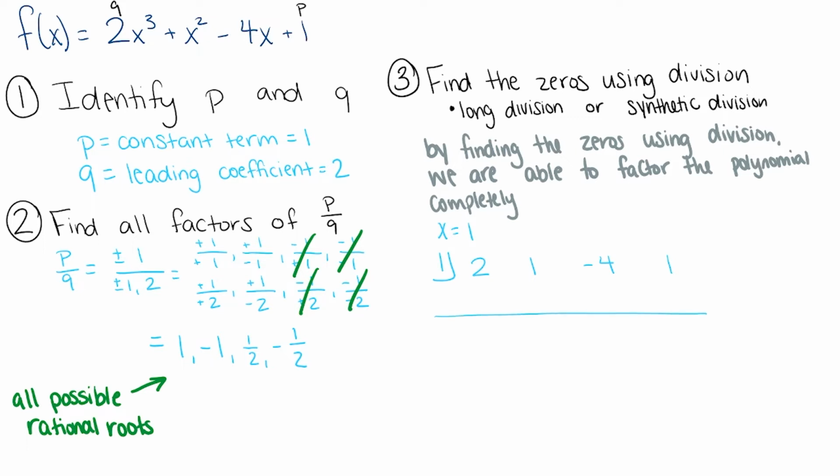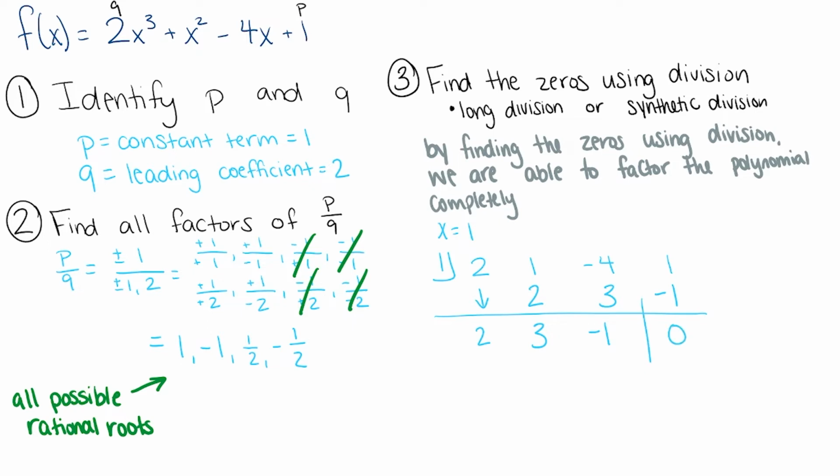We start by bringing that first term down. The pattern for synthetic division is multiply our x value and our term and then add down. So 1 times 2 is 2, we'll bring that up. 1 plus 2 is 3, we add that down. 1 times 3 is 3, we bring that up. -4 plus 3 is -1, 1 times -1 is -1, and 1 minus 1 is 0.